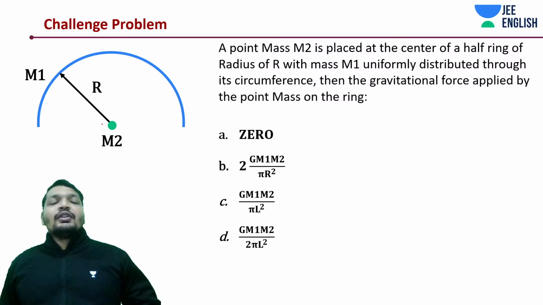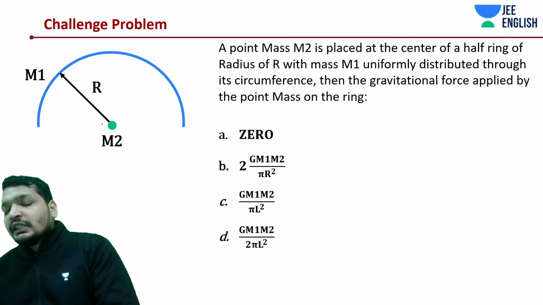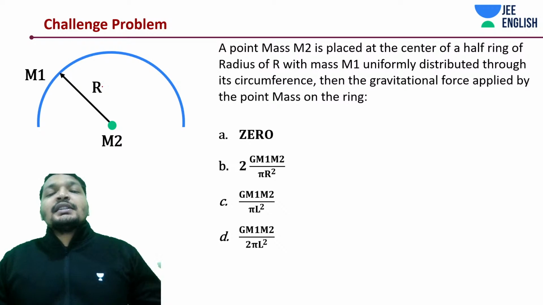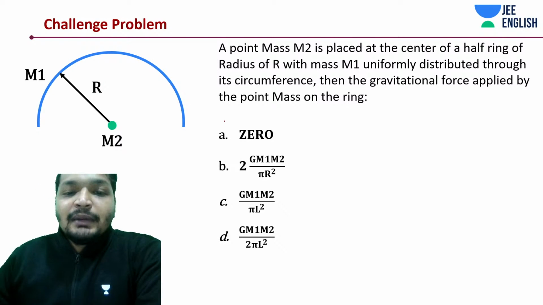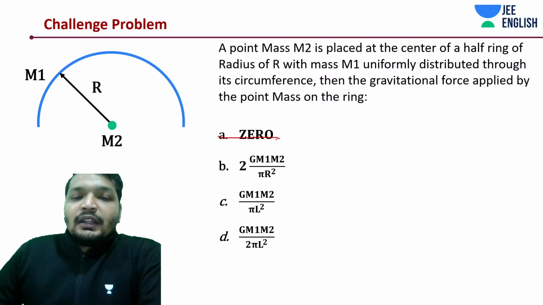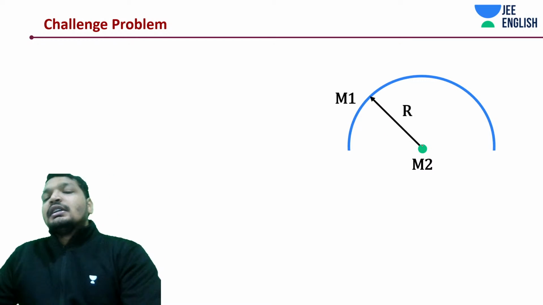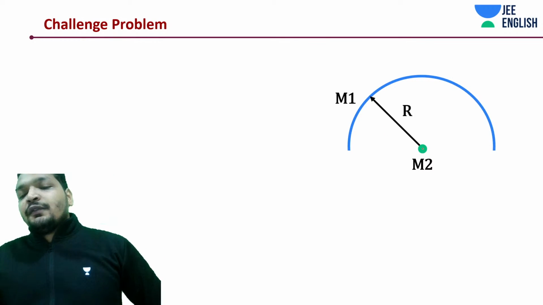No, very good. It's not going to be 0. It is lying around a uniform mass distribution, but it is not lying symmetrically. There is no symmetrical point which produces an opposite force.